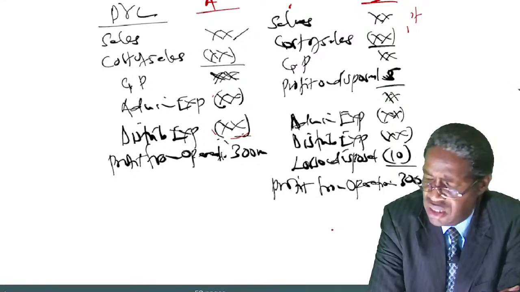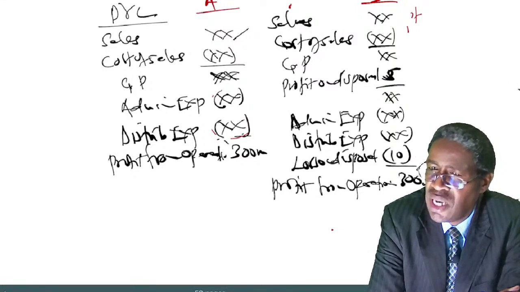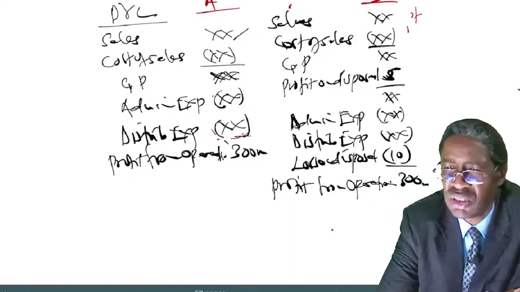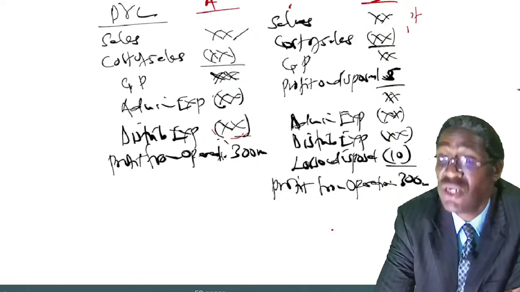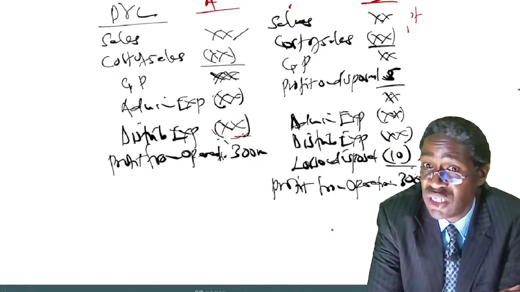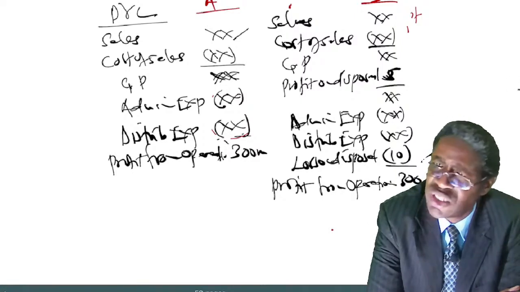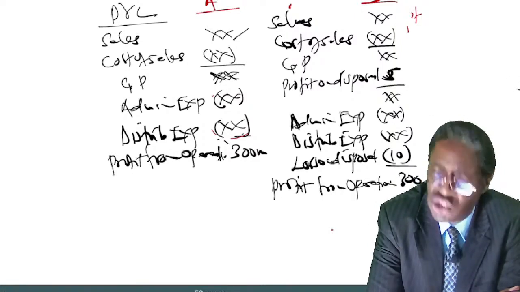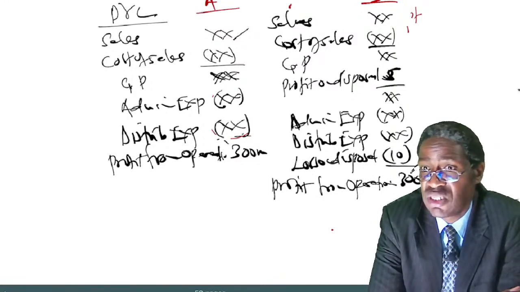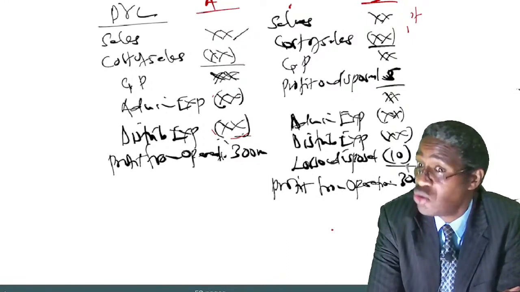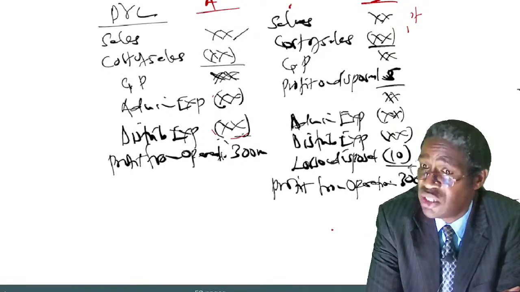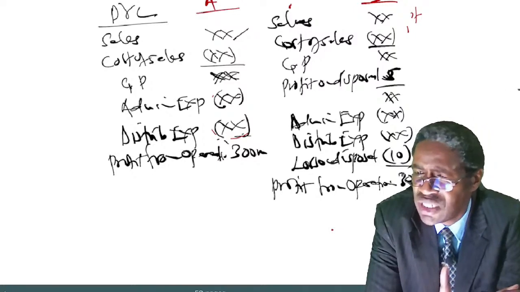Accountant A has not told us where he used the loss on disposal and the gain on disposal. Accountant B has shown us where he used theirs. The loss on disposal, he showed it separately. The gain on disposal, he showed it separately. So I want you to listen carefully now.